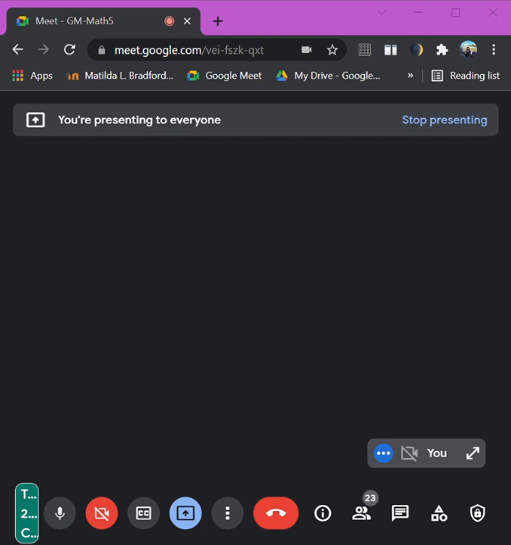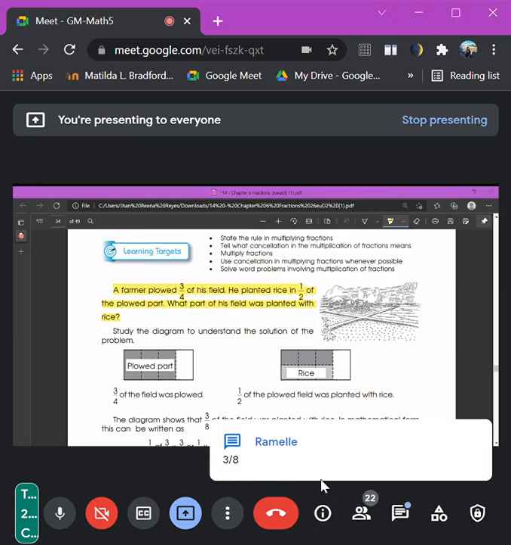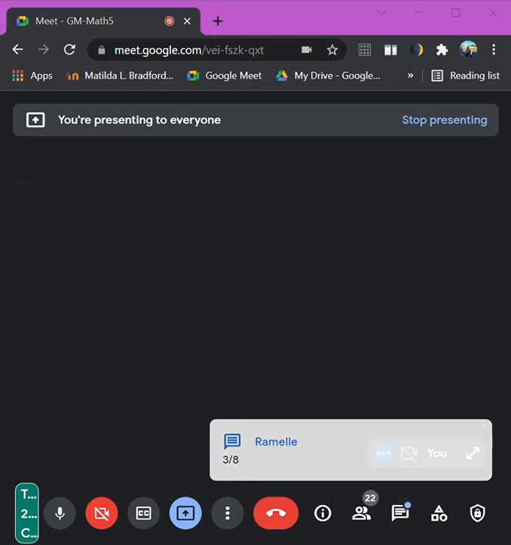Okay? So, we have 3 over 8. Yes, actually, that is 3/8. But if we are going to solve it, we are just going to simply multiply our numerator by numerator and then denominator by denominator.